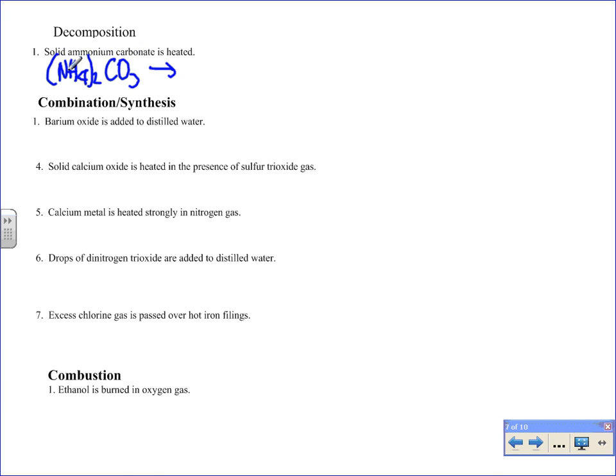NH4 will often produce NH3, and CO3 will often produce CO2. So I would suspect that you're going to produce NH3, H2O, and CO2. Then you look at whether this could be balanced, and it can be. You've got 2 NH3, and that balances the reaction.